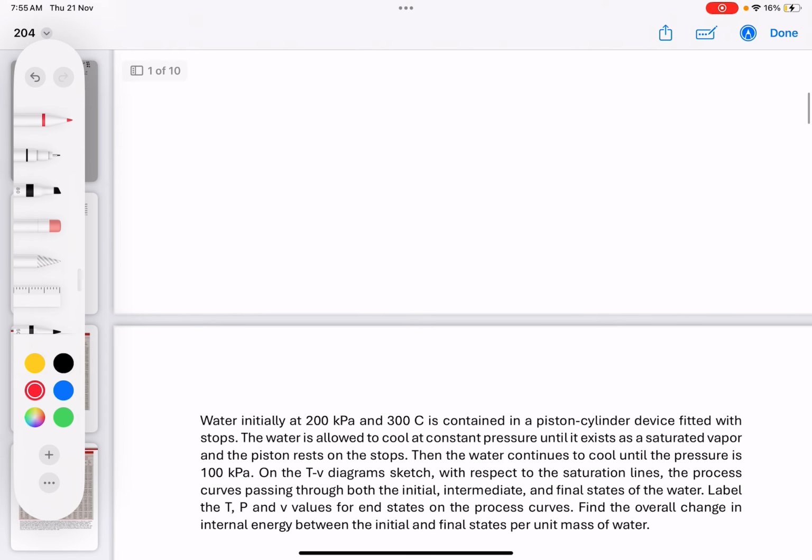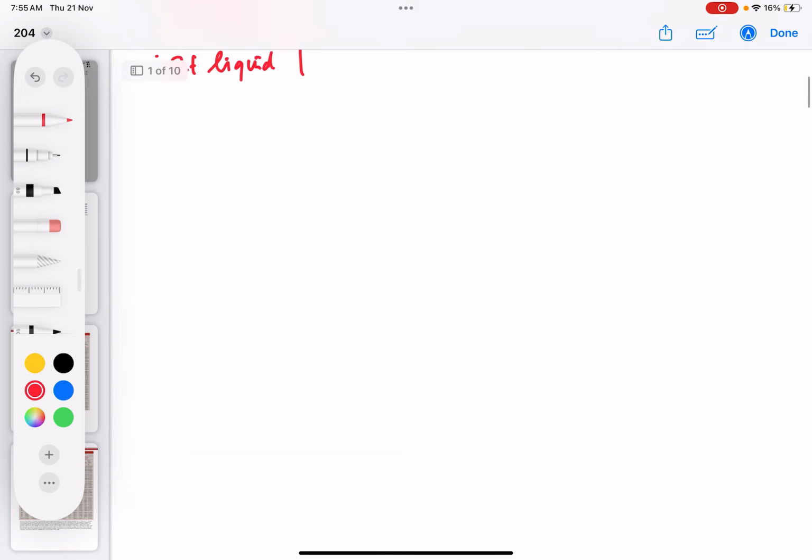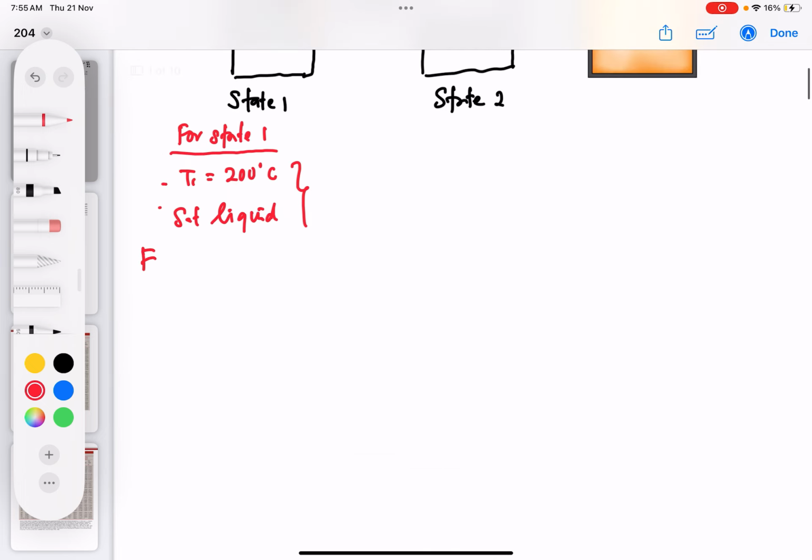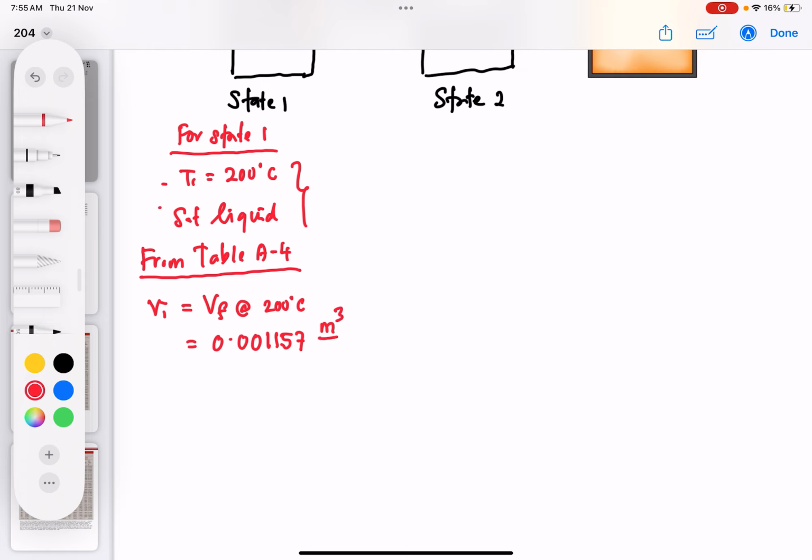Now I'm going to rewrite my answer in the answer sheet here. From table A4, my specific volume for state 1 is equal to vf at 200 degrees Celsius, which is 0.001157 meter cubed per kg.